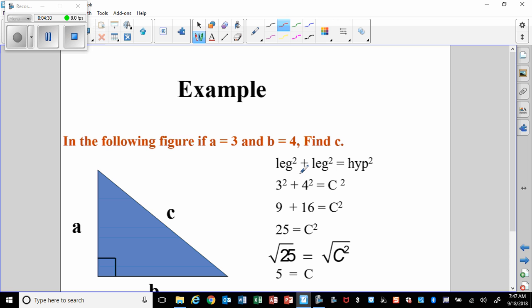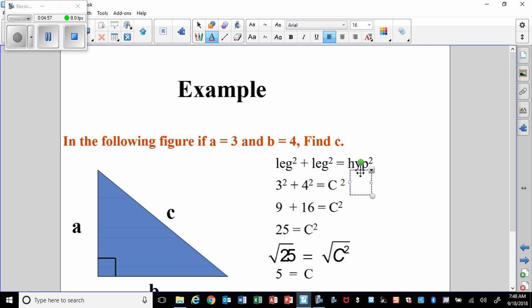So let's just get some steps written down right here to make sure that we understand this all the way. So step 1 is plugging in our formula for a squared plus b squared equals c squared, or leg squared plus leg squared equals hypotenuse squared.